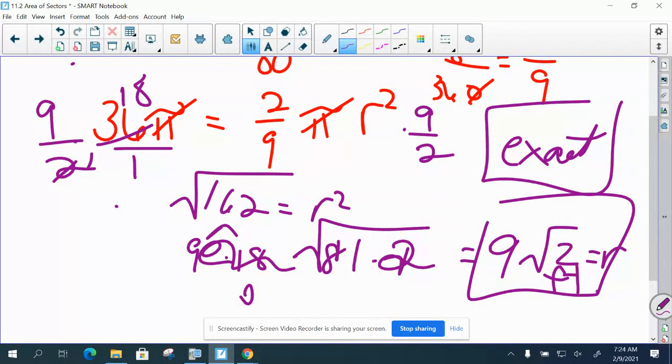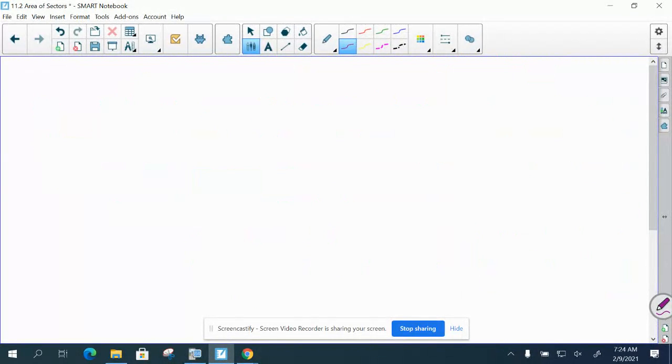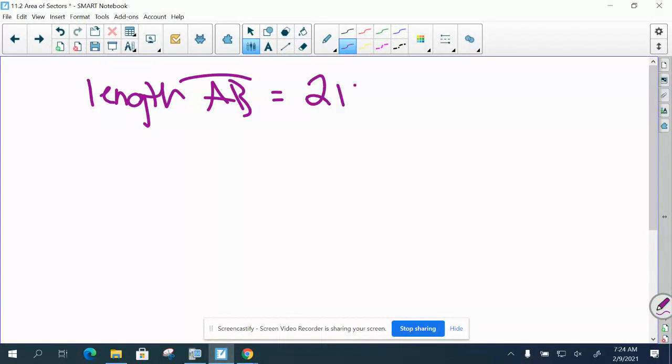Okay, and I actually want to do one more example with you guys, which is number 7 on that page. It says the length of arc AB is 2 feet, because this is combining 11.1 as well. So the length of arc AB, not just 2 feet, but 2 pi feet.